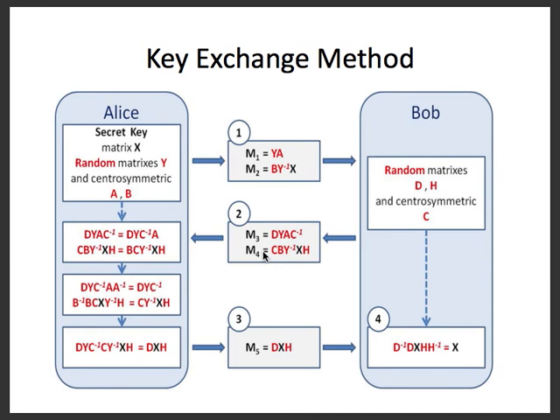It's just a combination of random values, all with uniform distribution on the period from 1 to 2. Bob gets these matrices M1 and M2 and sends random matrices D, H, and C back in this way.